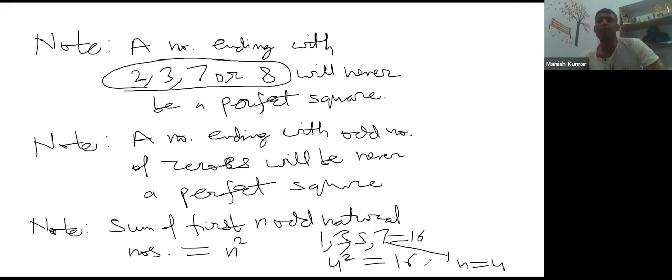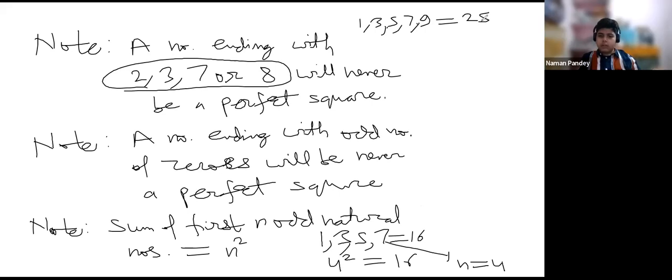So we are writing that the sum of the first n odd natural numbers is n square. Now if I write 1, 3, 5, 7 and 9, these are all odd numbers, isn't it? What will be the sum of these 5 numbers? Till 7 we had 16, 16 plus 9 is 25.